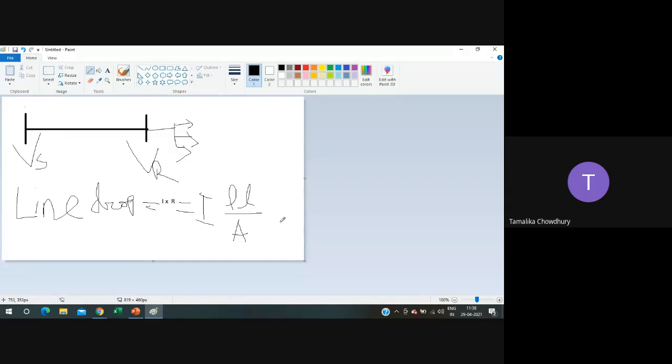So the line drop can be represented now as I into rho L, and A can be represented by, do you know current density J? Have you ever heard of J, current density? So I can write A equals I by J, current divided by current density.